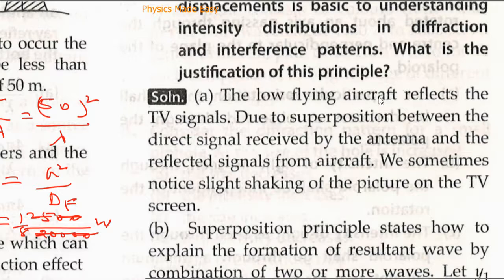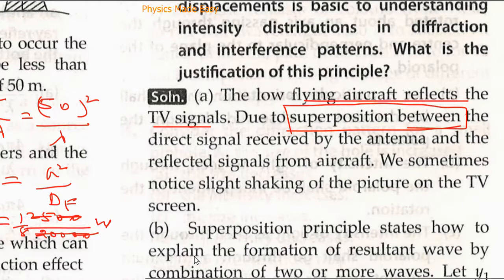A low-flying aircraft reflects TV signals, so there can be superposition between the signals received directly by the antenna and those reflected by the aircraft. We notice the slight shaking of the picture on TV due to this superposition.